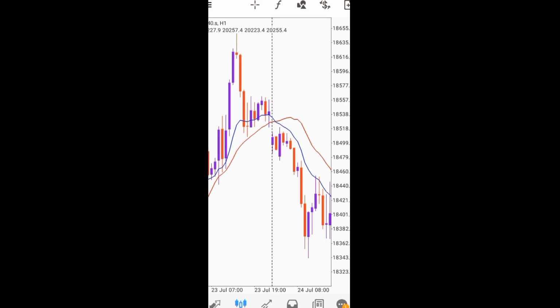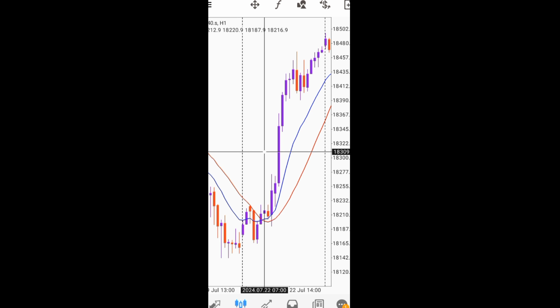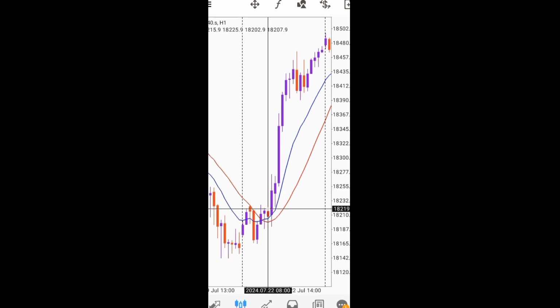The first thing for you to notice is, is there a bullish engulfing or bearish engulfing? Whenever there's a bullish engulfing, that's my signal for buying. But is that bullish engulfing touched by the moving averages? If it's touched by the moving averages, it's a good signal for me to take a buy. If it is not touched, I won't take that trade.